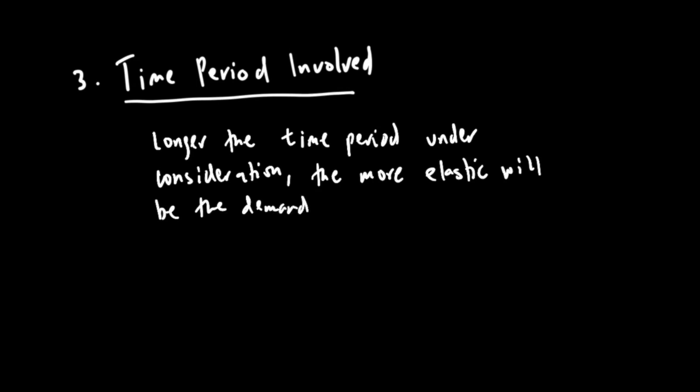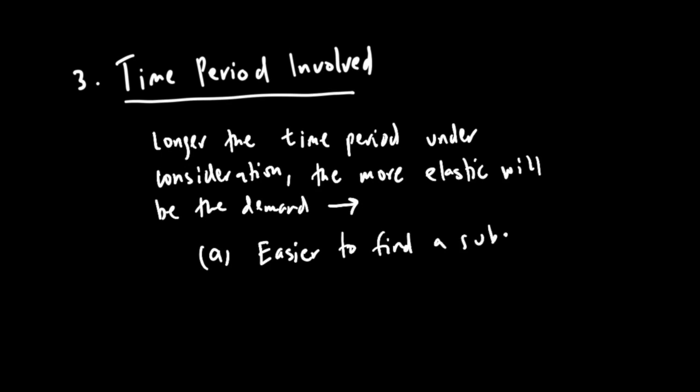Why will the demand be more elastic? Well, if there's a longer time period under consideration, it's easier for consumers to find a substitute. So the first reason is that it's easier to find a substitute.